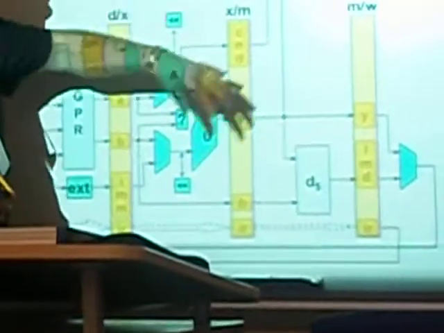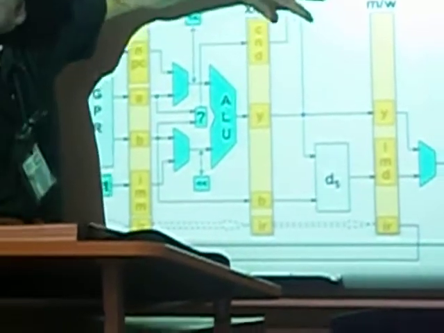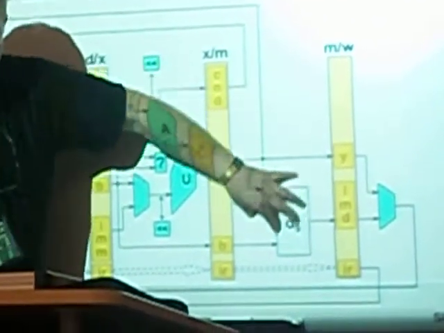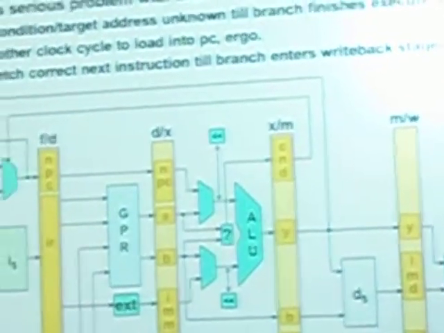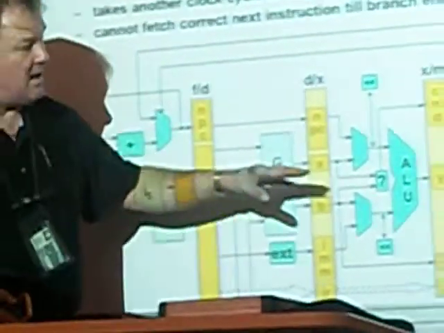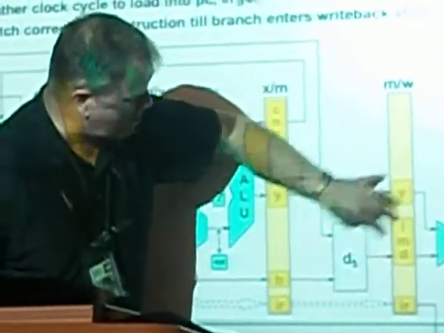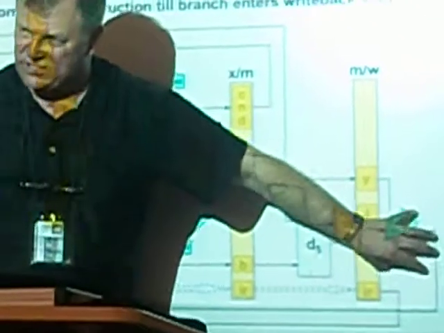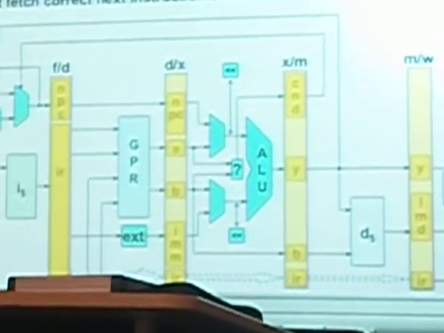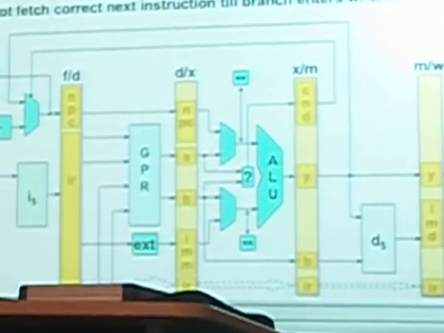At the beginning of the branch instruction's memory stage, we can update the program counter, and therefore, when the branch instruction enters the write-back stage, only then can we fetch the next instruction.